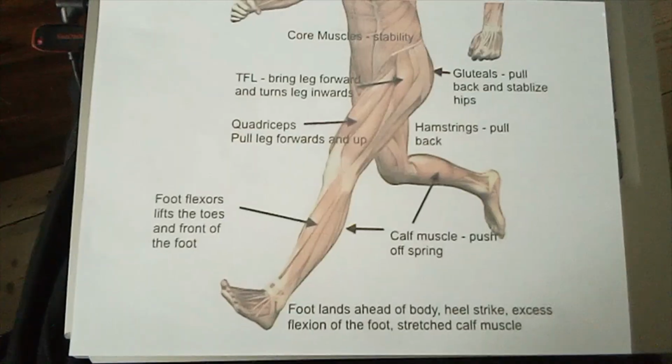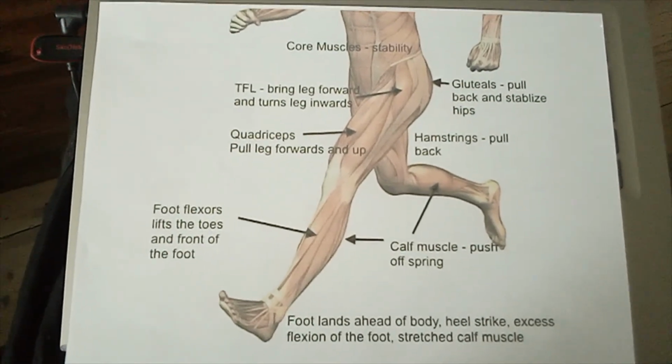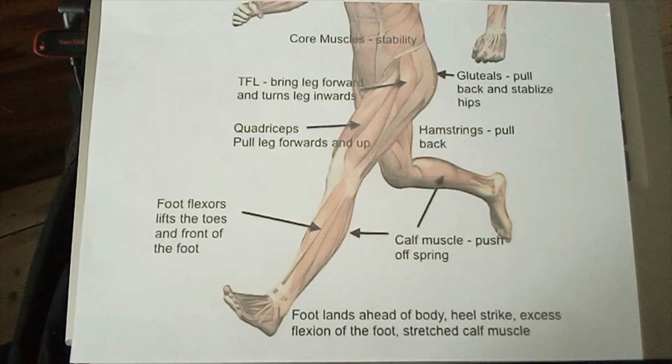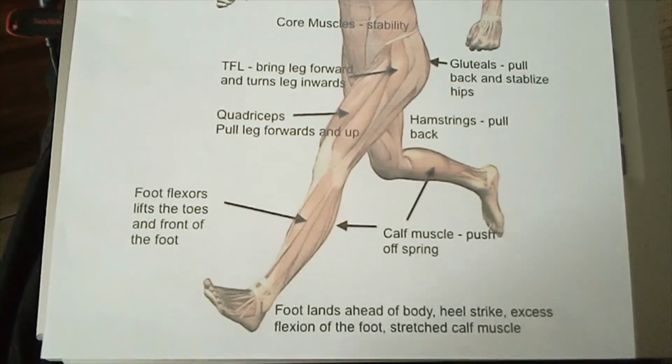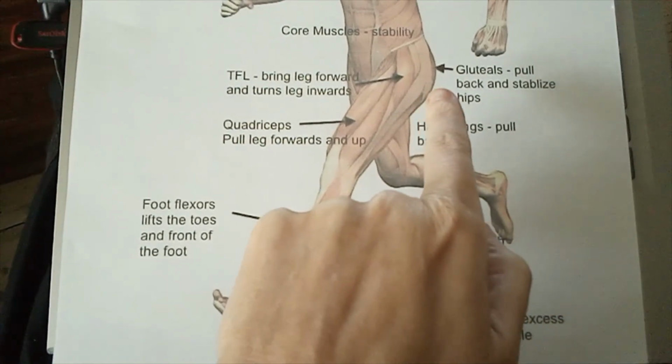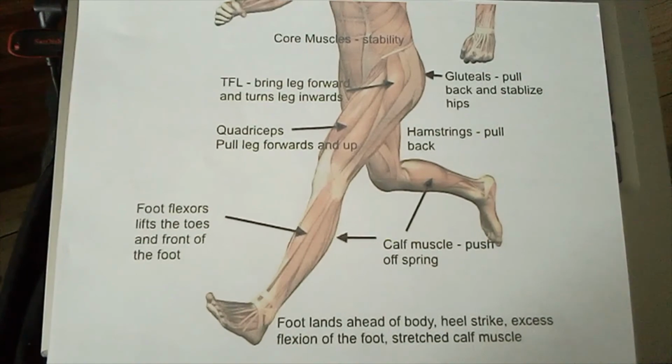Now, calf overload may also occur in runners if the glutes are tight. The glutes will basically pull back and stabilize the hips while running.